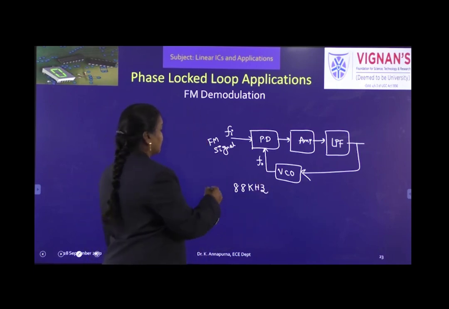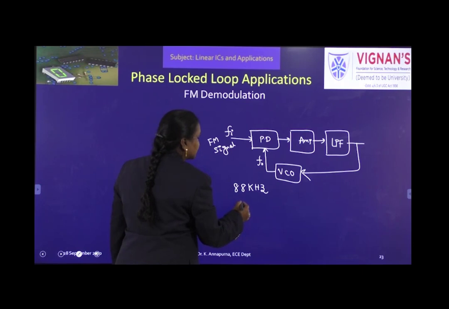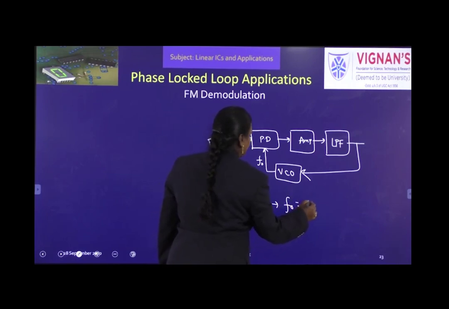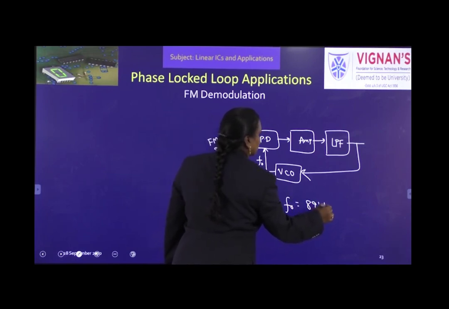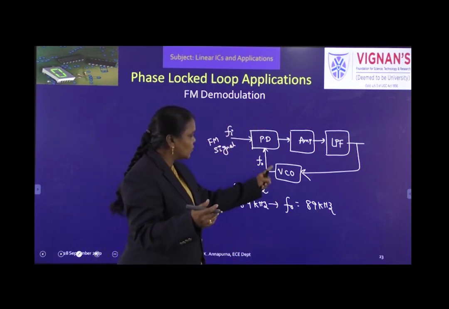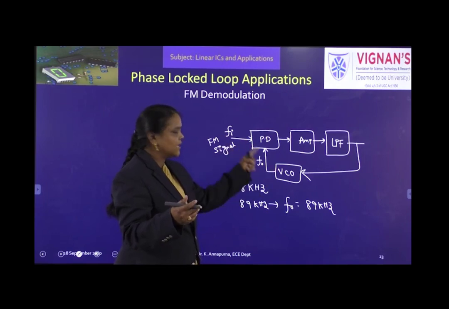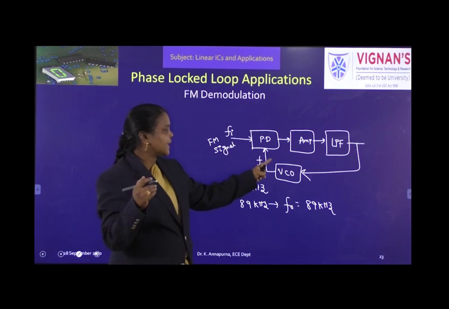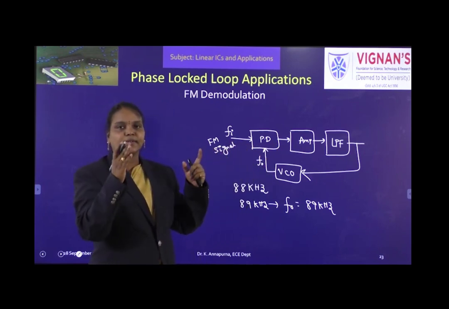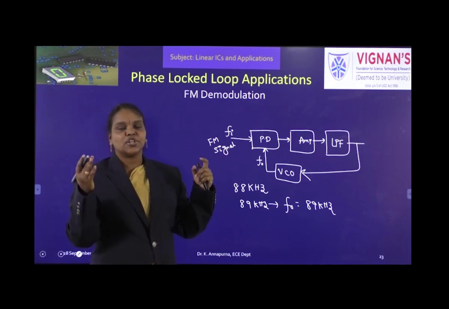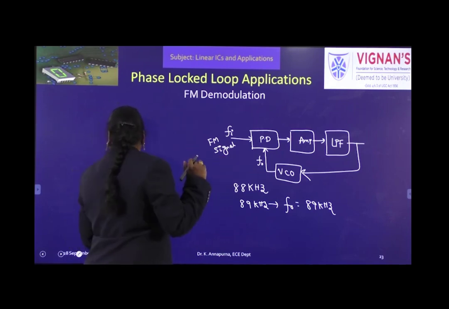Now the incoming signal changes to 89 kilohertz. Then automatically the VCO output will also be 89 kilohertz. Like that, in its lock range, it is able to track the input signal frequency variations. In that manner, it can provide the exact locked condition, that is, the exact carrier for demodulation.